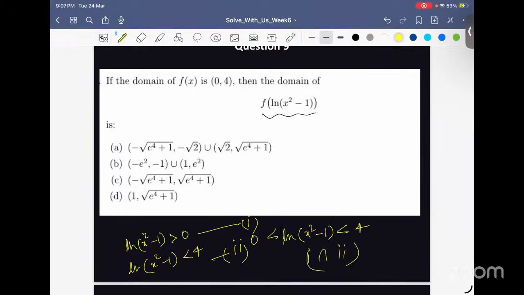And sir, another thing, we have to include x square minus 1 greater than 0 or not? That also should be there. All three.